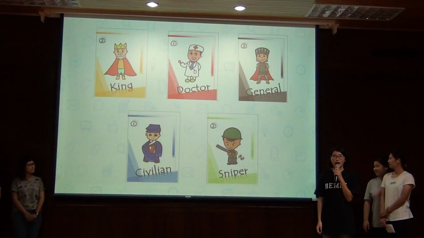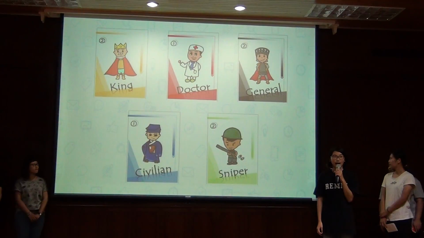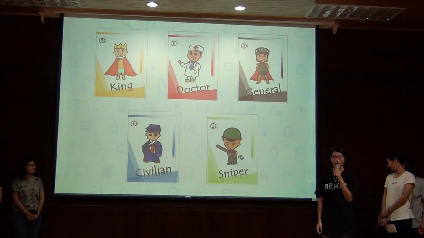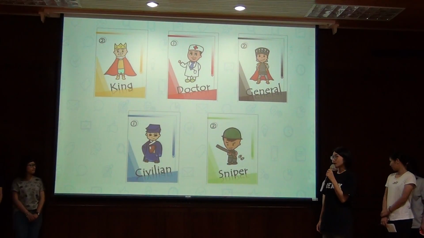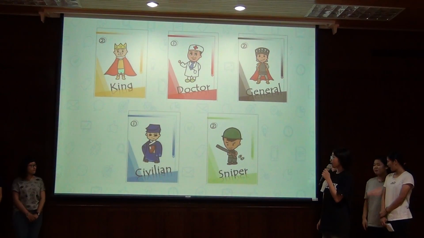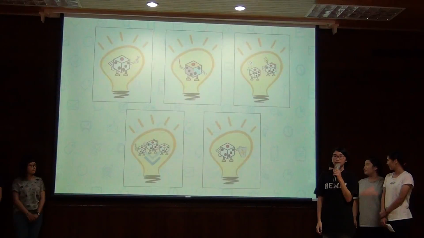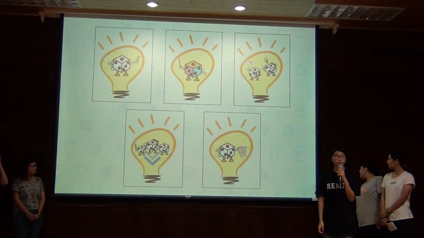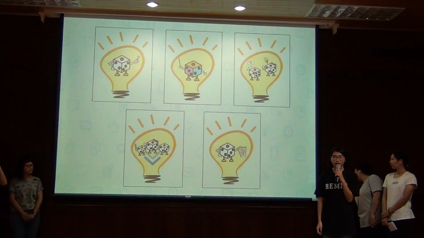Doctor and General are on the side of justice, and Civilian and Sniper need to kidnap the king. Also, the Kidnapper has 5 functional cards, including Designated card, Friends card, Helper card, Go-Round card, and Defensive card. If you want to know more about our products, you can go downstairs to see our products.